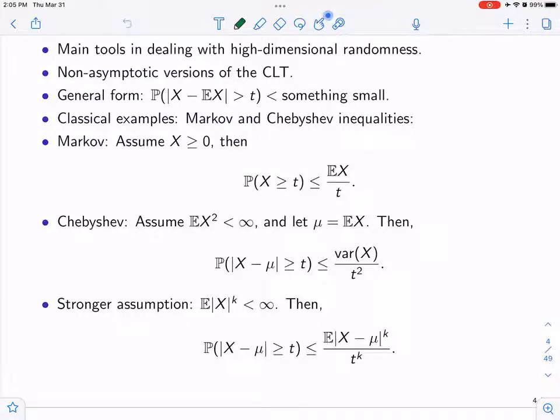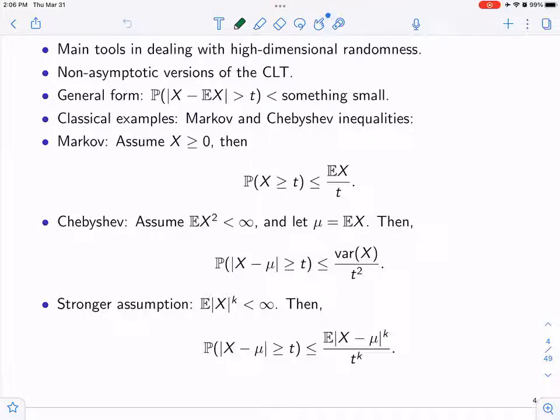If you assume the second moment exists, this implies that the mass is more concentrated. The tails can't go too slowly, otherwise this would be infinite. So this imposes a second-order tail decay, quadratic, which is called the Chebyshev inequality, and it's a direct consequence of this applied to the deviation squared, for which you get the variance here. And then if you have the kth absolute moment finite, this implies more concentration.